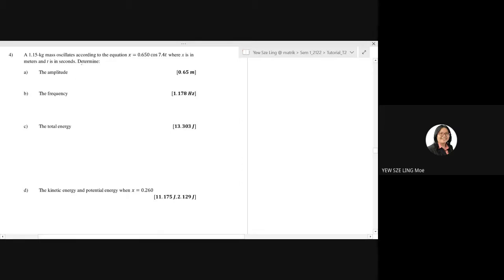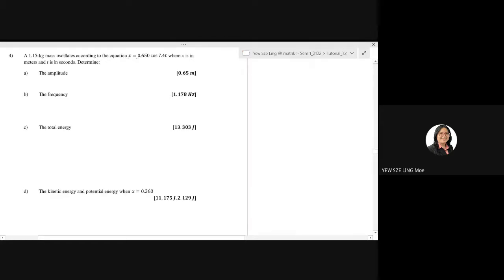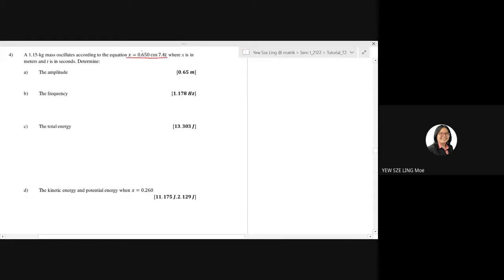So now questions 4. A 1.15 kg mass oscillates according to the equation. So now you're given the equation, but be extra careful, yeah? You're given the equation in terms of cos, where x is in terms of meter and t in terms of second. So this determines the amplitude.